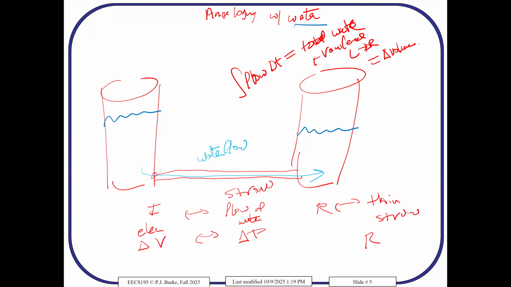So you need to integrate the flow dt to find out whether it's discharged. You could even have a little valve here that you open and close. And you could close it for a while and then open it later. So it doesn't matter what's going on instantly, it's the history of the total flow integrated over time that gives you the total amount of water.